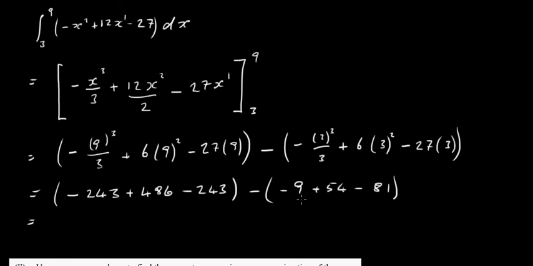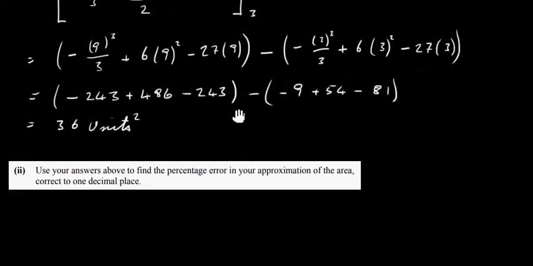And over here then we have minus 9 plus 54 minus 81, that's minus 36, but we've got a minus here as well, so minus minus 36 is just plus 36, and again that's units squared. So remember in the first part when we did the trapezoidal rule we got 35 units squared, so we weren't too far away. Okay, so it was reasonably accurate.